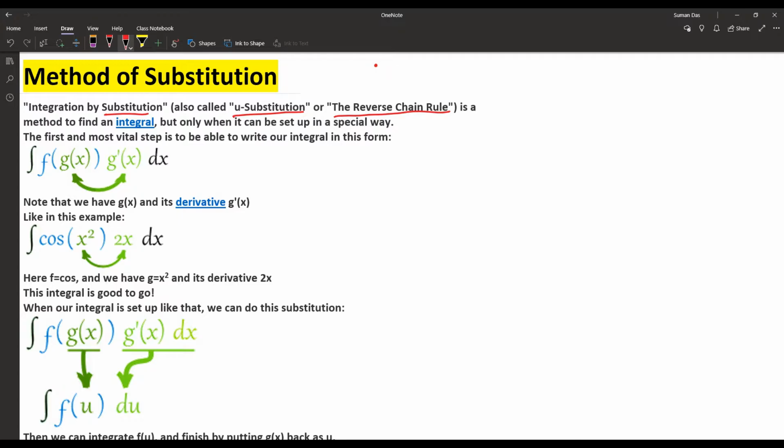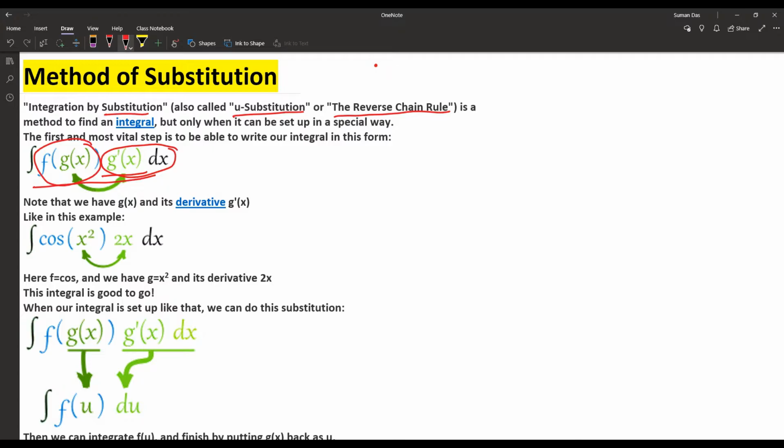According to the formula given here, we are differentiating g and then we are getting the result. It would be better if we discuss this using some examples.